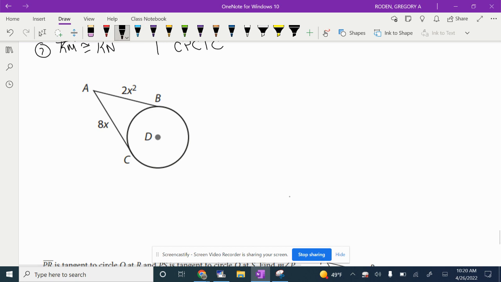So this is a theorem. Here's what we're going to call this theorem right here. Okay, we're going to call it the circumscribed tangent theorem, okay?